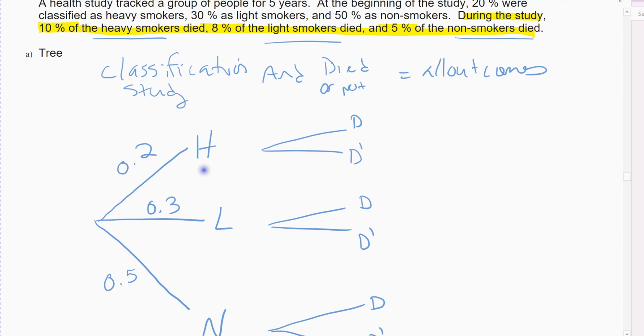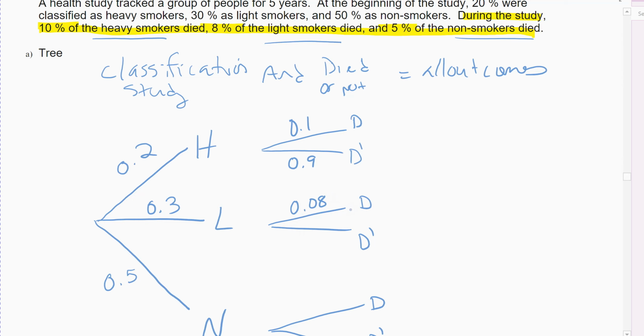Given they were a heavy smoker, 10% of them died, so 0.1 is the probability, which means 90% didn't, 0.9. Given they were a light smoker, 8% of them died. Be careful, it's really easy to make a mistake here. Make sure you put 0.08 and not 0.8, because there's a big difference between 8% and 80%. A common mistake is forgetting to put the 0 in front of the 8 when it's 8%.